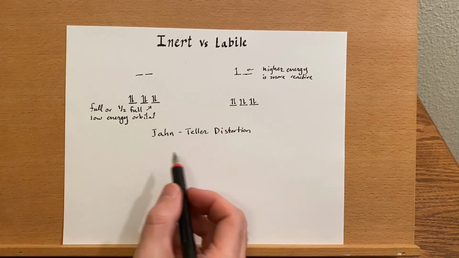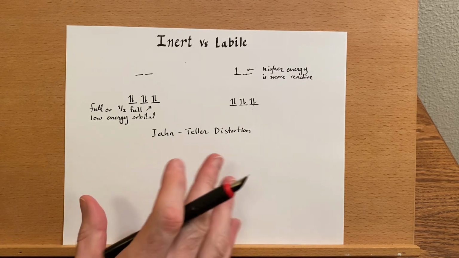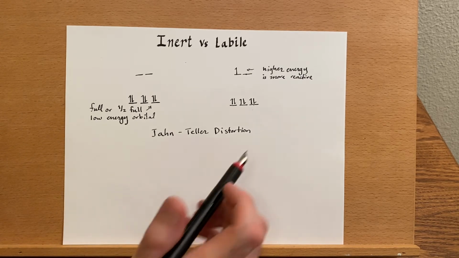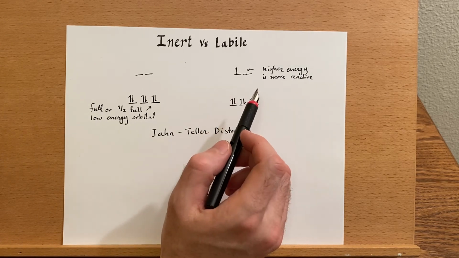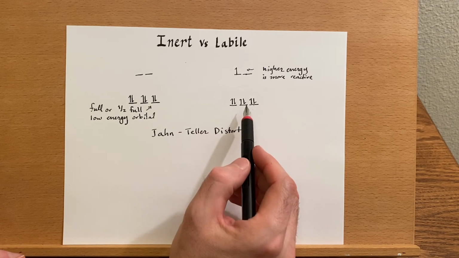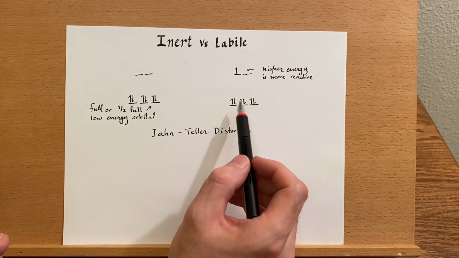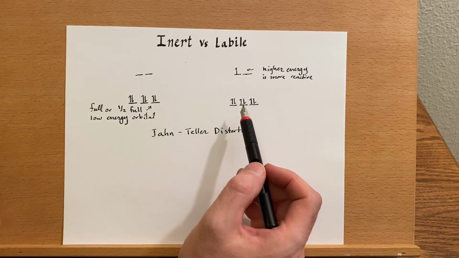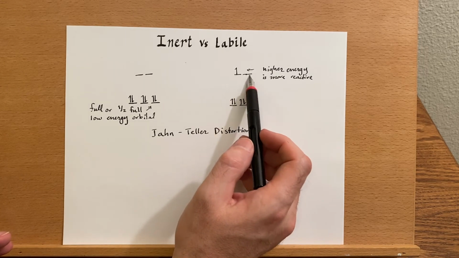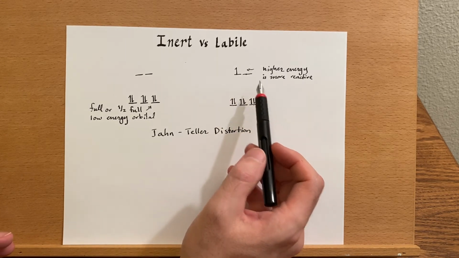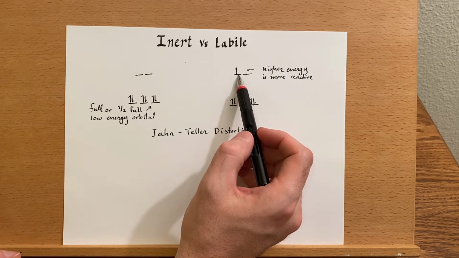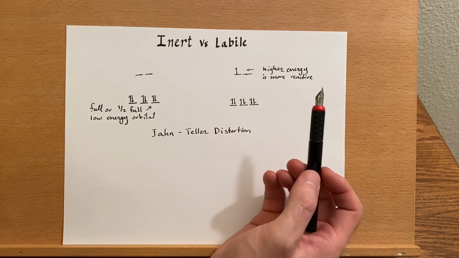Now, Jahn-Teller distortions don't just occur in a d7 case with a high field. They would also occur in a d9 because these orbitals would be unequally filled. There'd be 2 electrons in this one and 1 in that one, for example, in a d9.